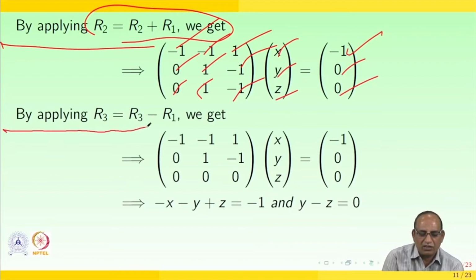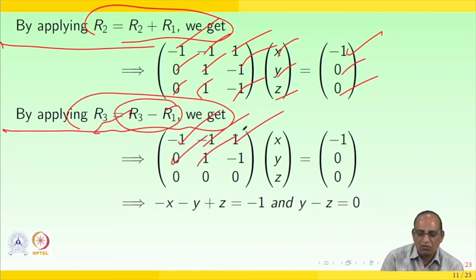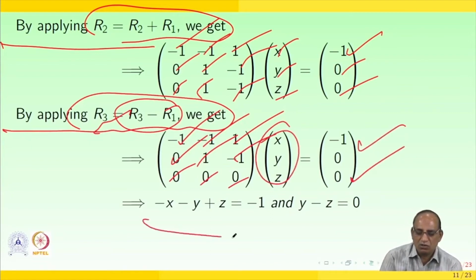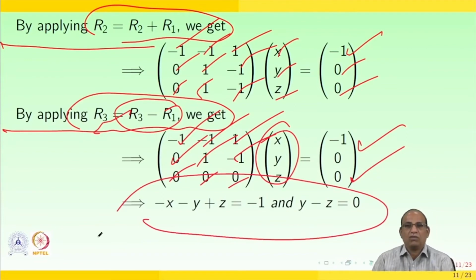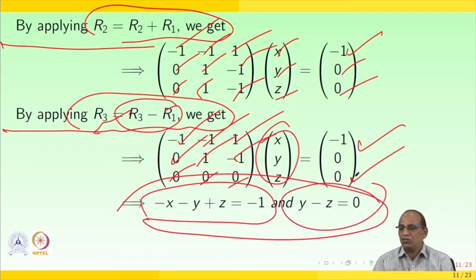Then by applying R3 minus R1, R3 changes to 0, so you get [-1, -1, 1; 0, 1, -1; 0, 0, 0] multiplied with (x, y, z) equivalent to (-1, 0, 0). So you get ultimately -x - y + z = -1 and y - z = 0.